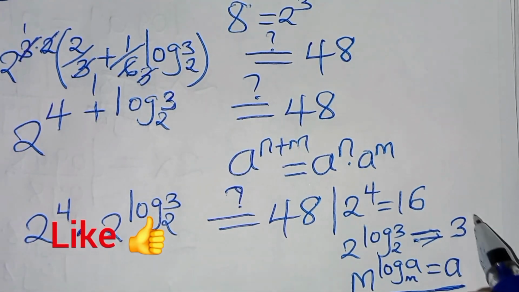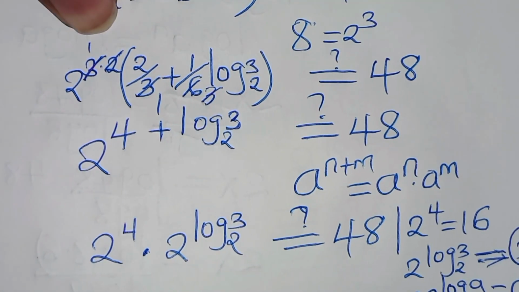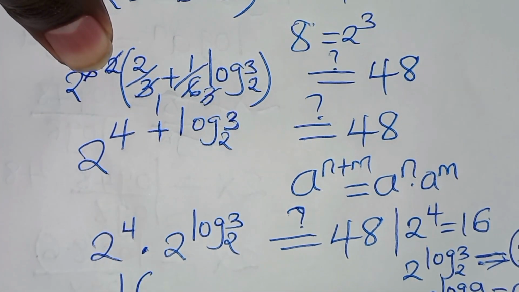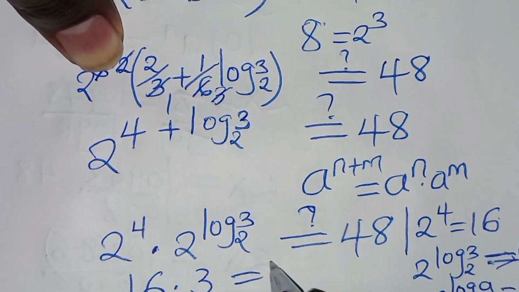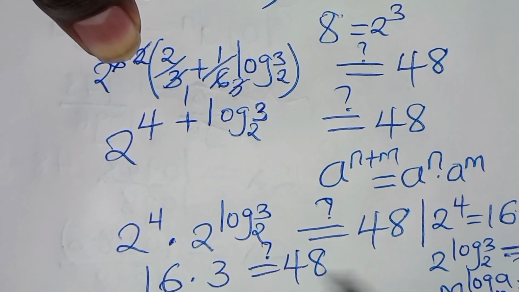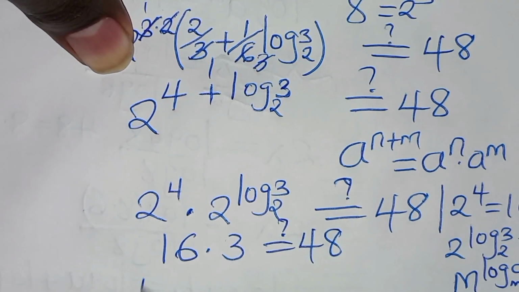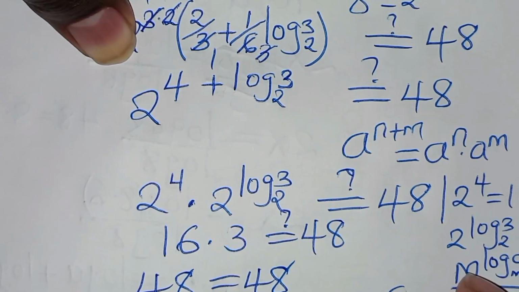Let's substitute this 3 from here. So here we have 2 to the power 4, which is 16, multiplied by 3. This is supposed to give us a value of 48. So therefore, 16 times 3, this is 48, which is equal to 48.